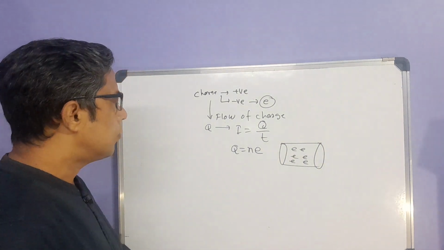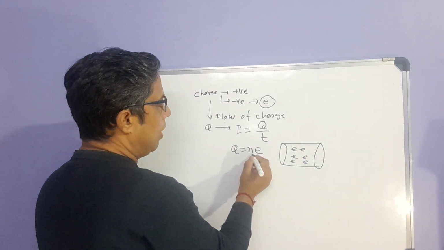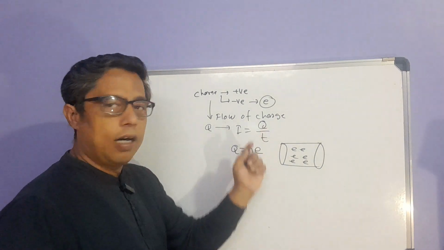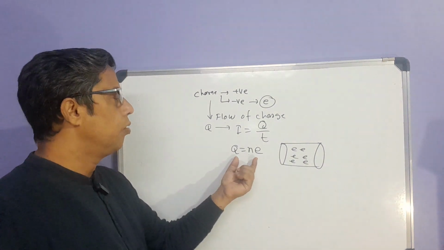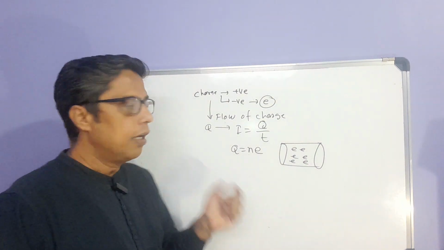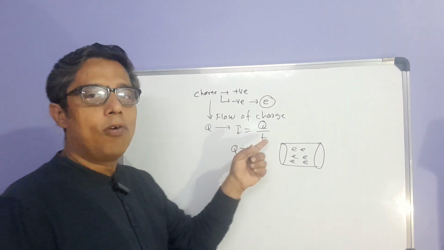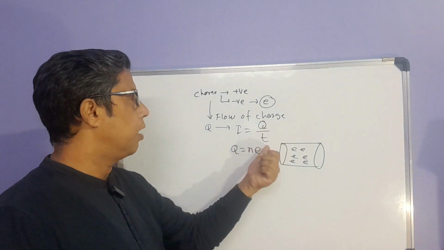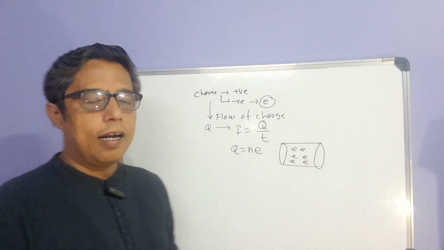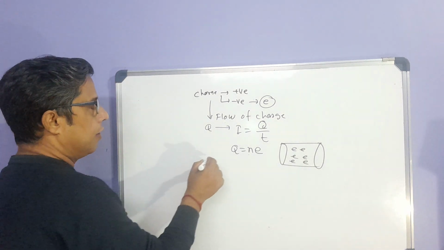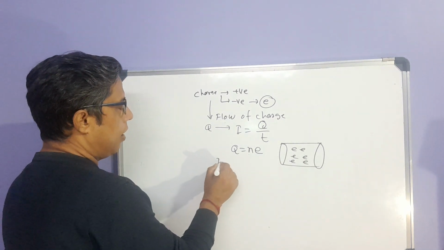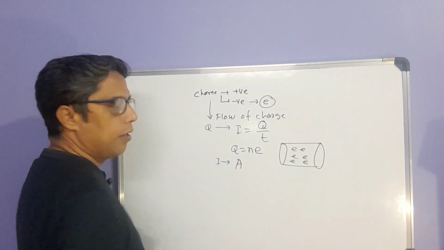Okay. Now, if I have n number of electrons in a conductor, the total charge Q is equal to N E. So current will be the rate of flow of charge, Q by T. This is the current. Now, what are the units? The unit of current is ampere.